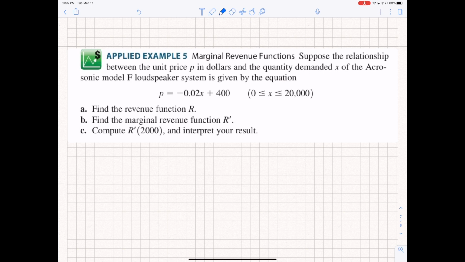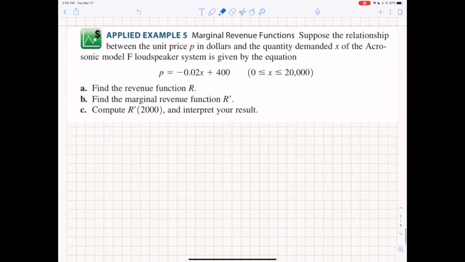Find the revenue function R, so just what is the function? Find the marginal revenue function, so what is R prime? And then compute this marginal revenue at 2,000 units demanded. And then we'll interpret the results. So I'm going to take a pause. Feel free to pause the video, and then I'll work through it.